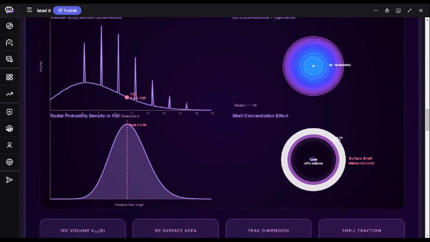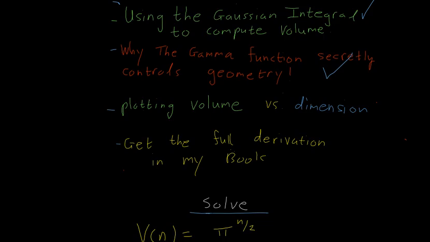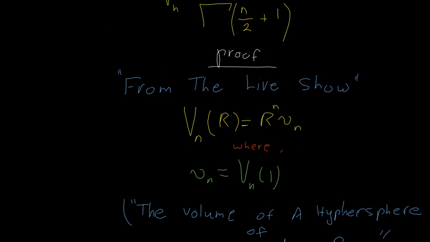The last thing I want to discuss really quickly, that wasn't added to the live show, is, for those of you up for a challenge, to try a derivation of the volume of n-dimensional hyperspace.